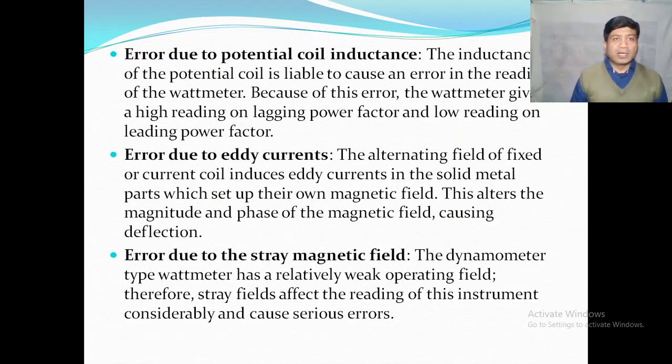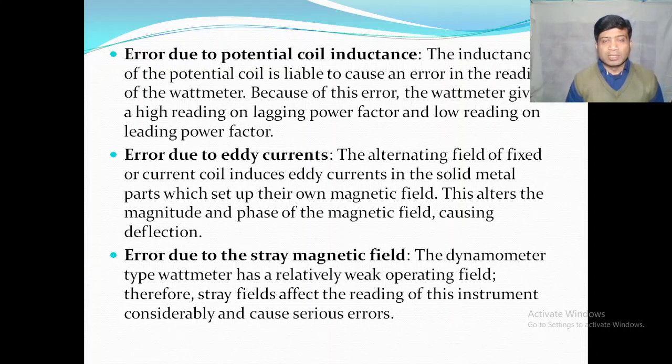Another error encountered here is error due to potential coil inductance. The inductance of the potential coil is present in the instrument because the potential coil has a very large number of turns.